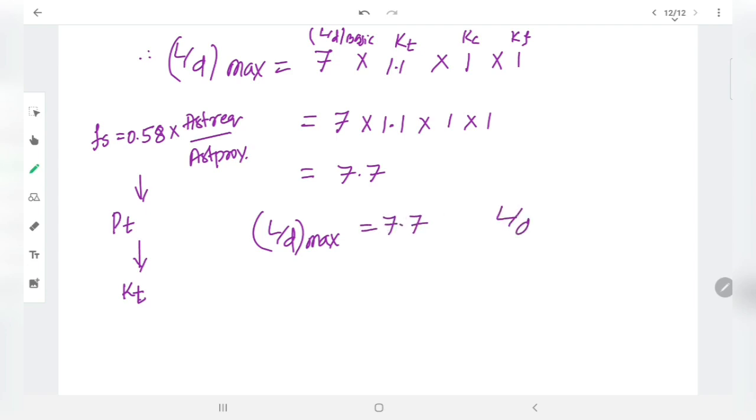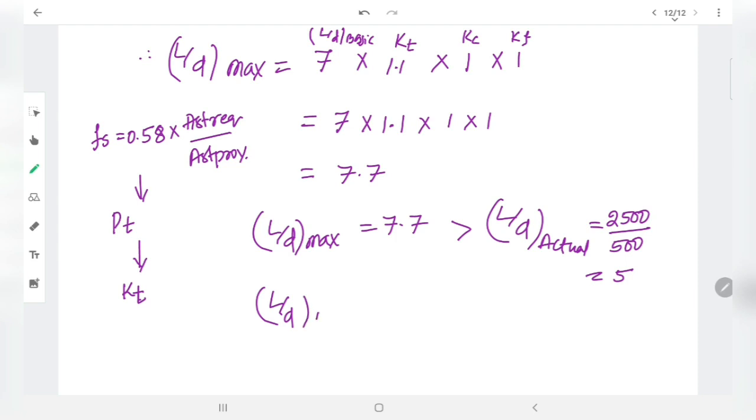And L by D actual. Always L by D actual value should be less than L by D max, then only you can call it, you can say, the beam is safe under deflection. L by D actual means the span divided by the actual depth provided, it is equal to 5. So here L by D max is greater than L by D actual.